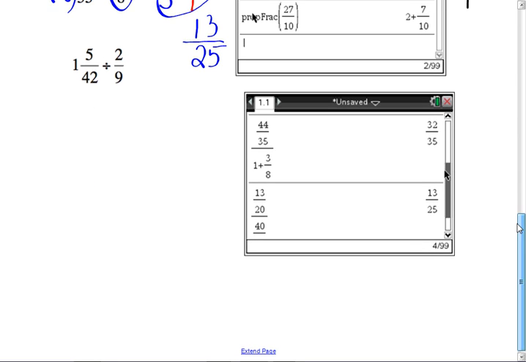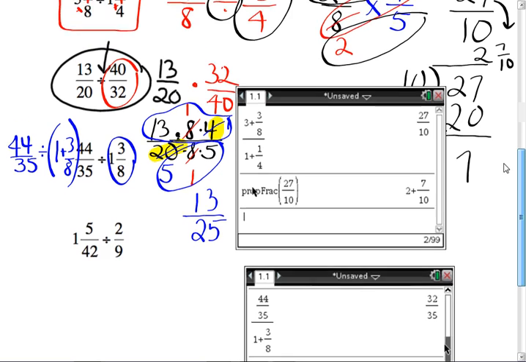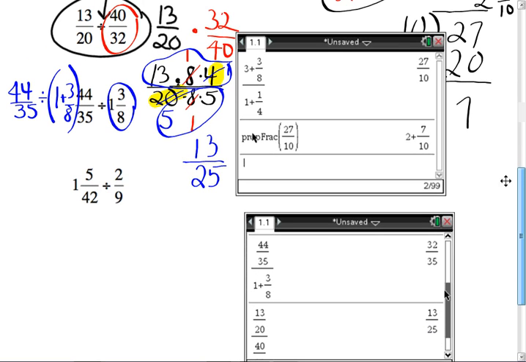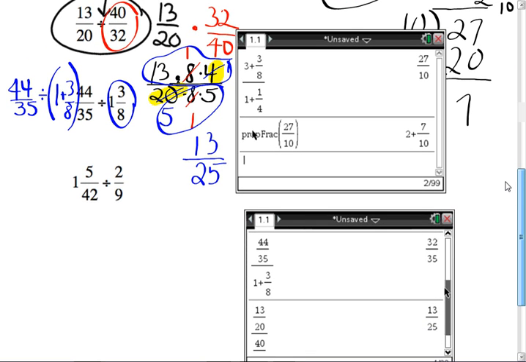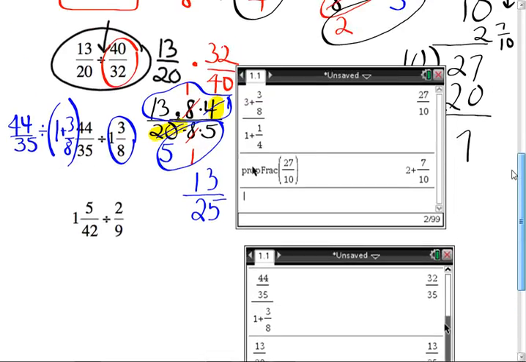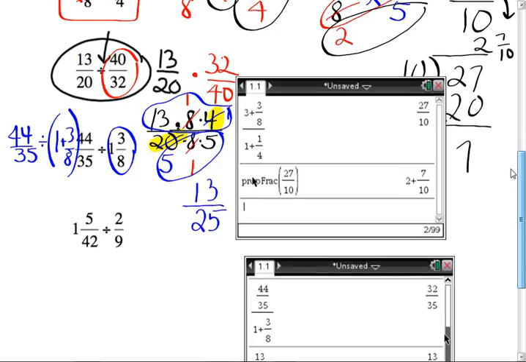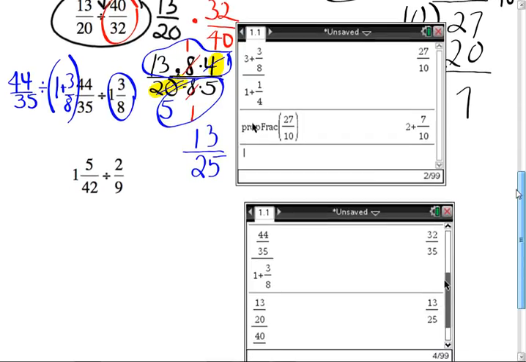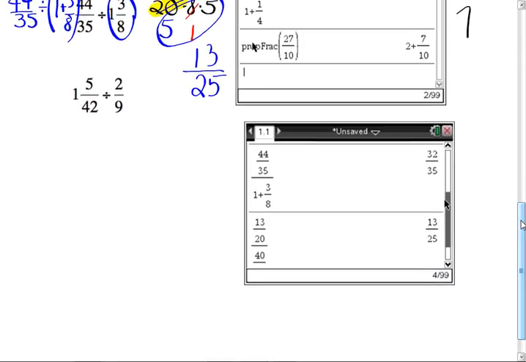So why don't you guys try the next one? And the answer then to this one right here was 13 out of 25. This one matches. And then I went back and checked the other one. Oh, I didn't do the other one. The 44 over 35 was 32 over 35. That's equal to 32 over 35.